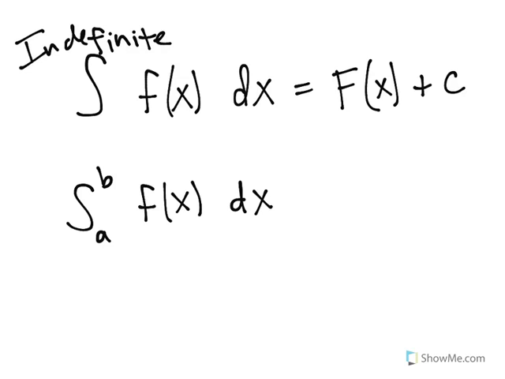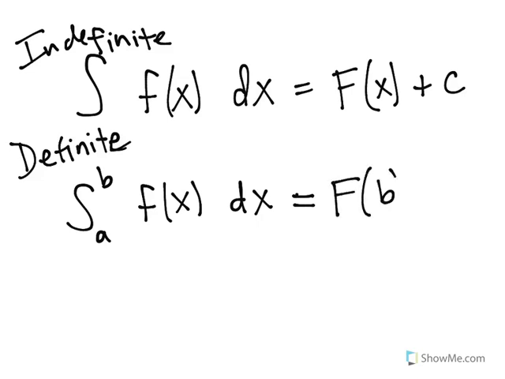But if we look at a definite integral, what we saw in the fundamental theorem of calculus says that this is a lot like doing the antiderivative and then plugging in b and a and subtracting.